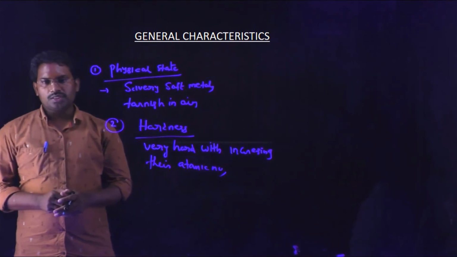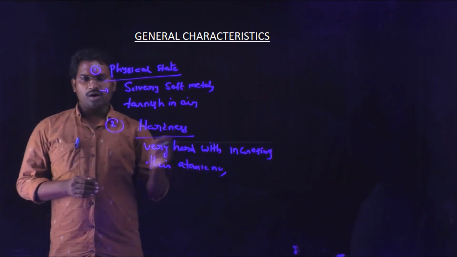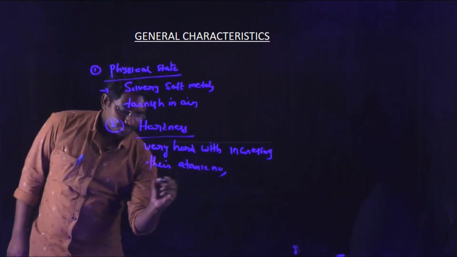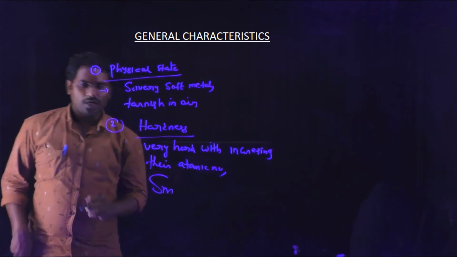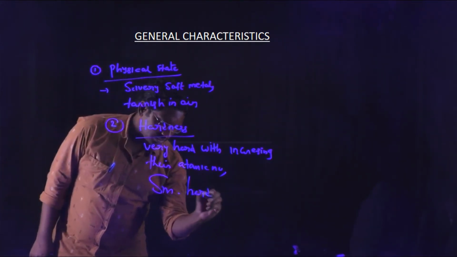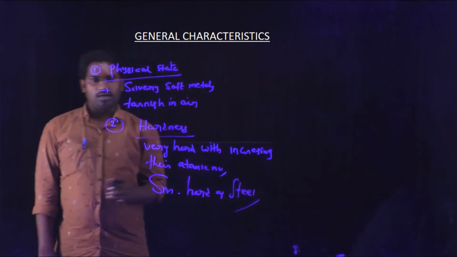So from lanthanum to lutetium, their hardness increases. In the case of samarium, the lanthanide element Sm is as hard as steel.